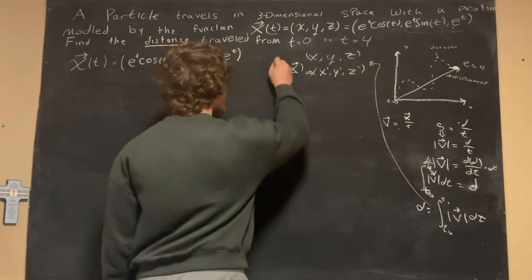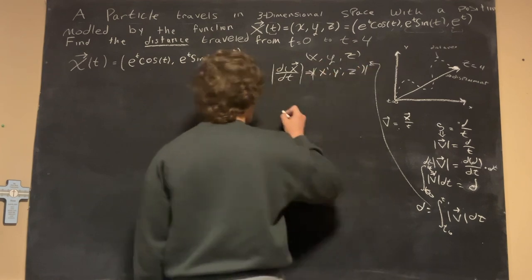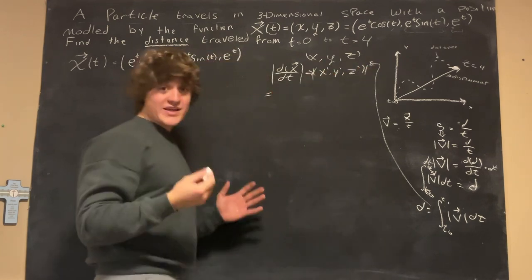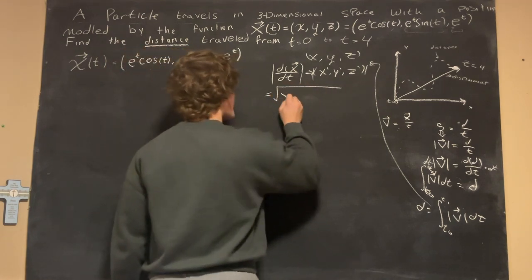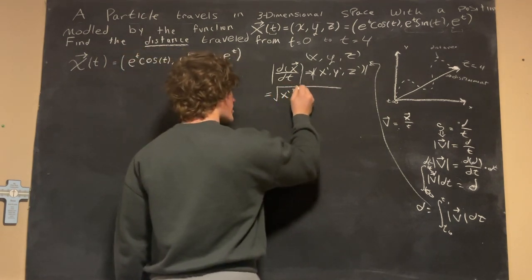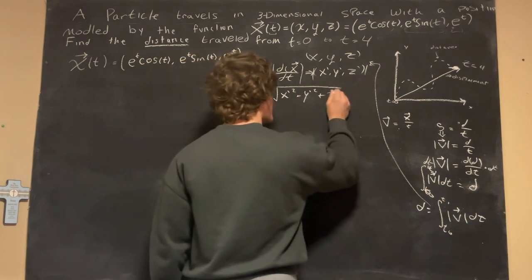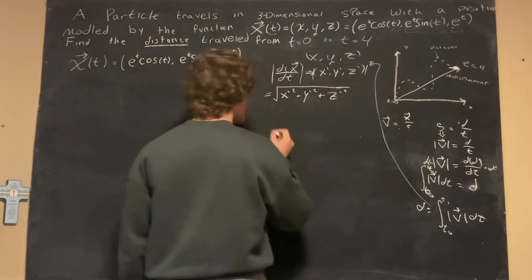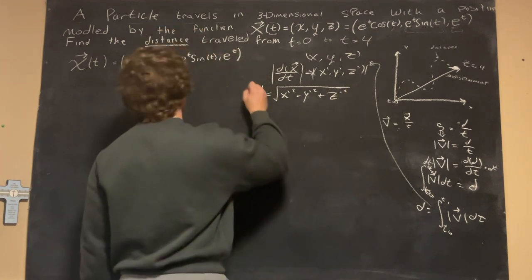And the magnitude of this, it does not equal this, it's the magnitude of this, which is equal to, we actually have to do a Pythagorean theorem on this. So this becomes the square root of x prime squared plus y prime squared plus z prime squared. So this is our function for our velocity's magnitude.